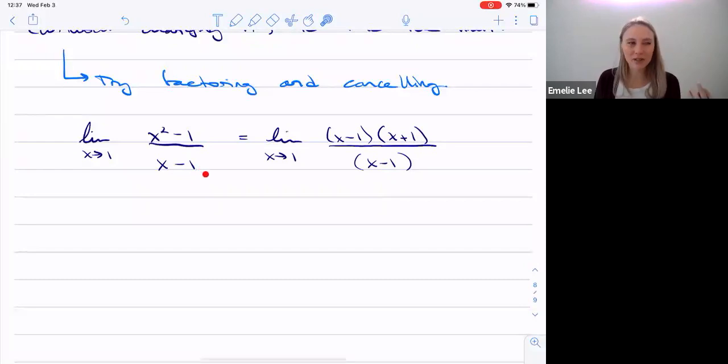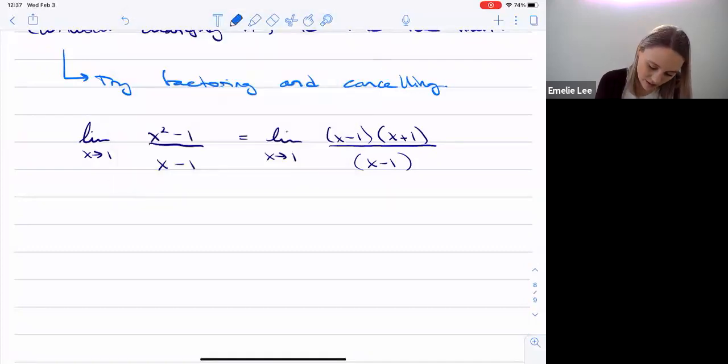But what I want you to see is, okay, x minus 1, I think I can factor that out from x squared minus 1, which you can rewrite as x squared minus 1 squared. So just approach it that way and see if you're able to cancel this troublemaker out.